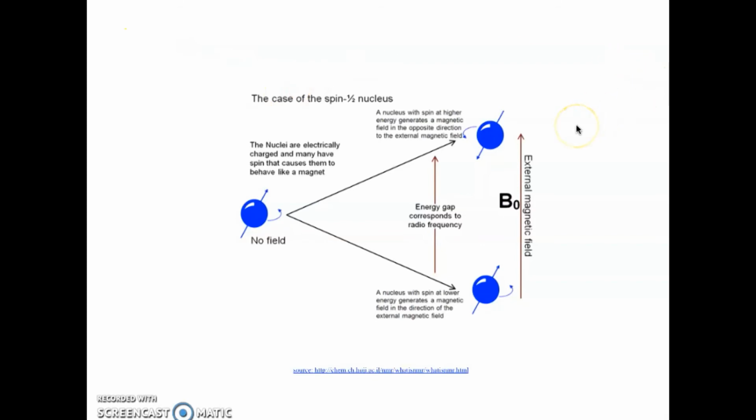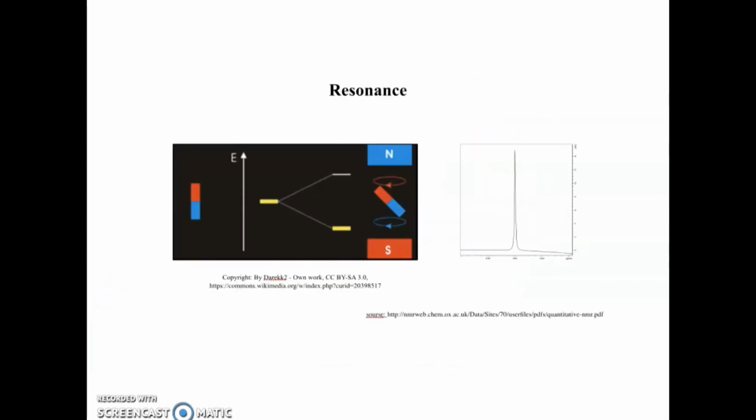And when the corresponding radio frequency is applied from an external source, the nucleus with lower energy, that is, the nucleus having its magnetic moment along the same direction as the magnetic field, absorbs energy to get excited to the higher energy level, that is, with the opposite spin. As you can see here, a nucleus flips its spin when the appropriate radio frequency is supplied.